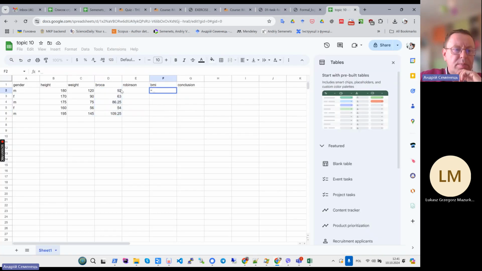So it has to be weight in kilograms. Here, units are important to know, and here we have centimeters, of course, not meters. So in this case I have to use weight in kilograms, divided by height in meters, of course, squared.